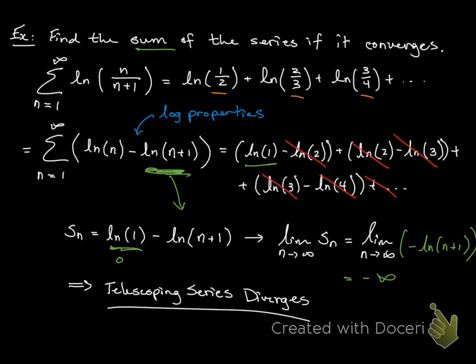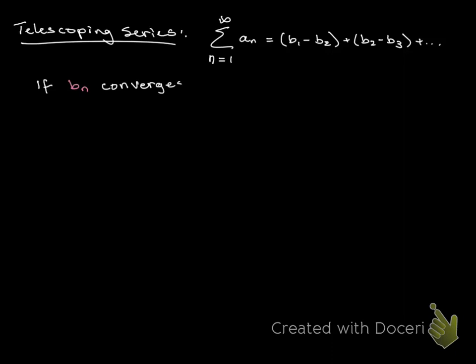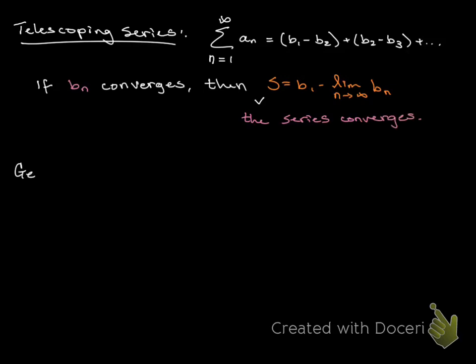Let's recap just a little bit. A telescoping series looks mostly like this, when I have the sum from 1 to infinity of a sub n, when these guys are going to cancel. If Bn converges, then the series converges, and it converges to B1 minus the limit of Bn.